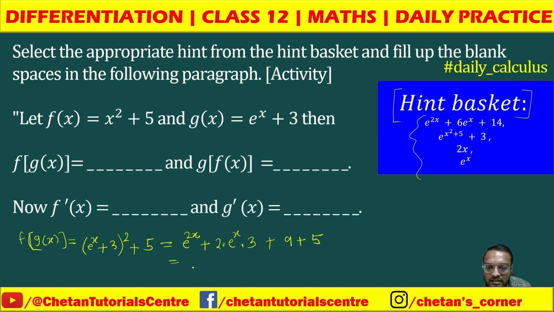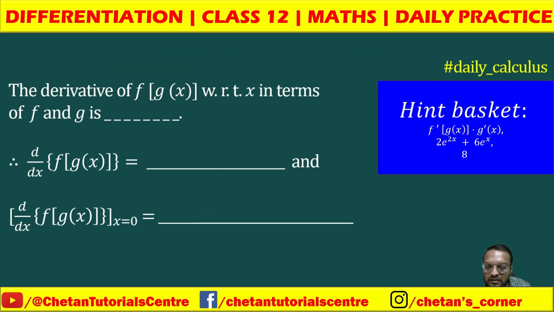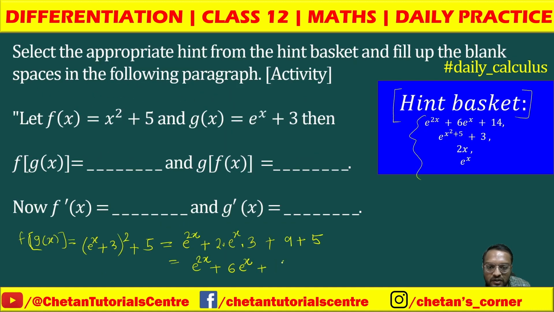So on further simplifying, what I'll get? e raised to 2x plus 6 e raised to x plus 9 plus 5 will give me 14. So this is 14. Now further simplification is not possible. So this is the final value of f of g x.